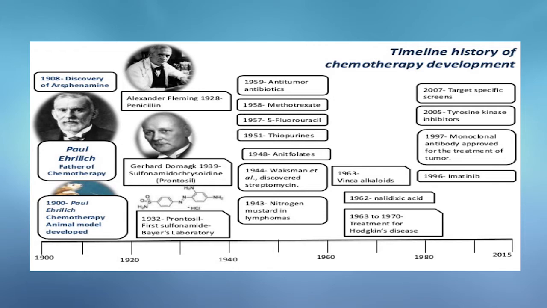And from that time, each decade, there was a new discovery of a chemotherapeutic agent, used to treat different diseases. After World War II, chemotherapy started to be used to treat cancer. The first chemotherapy was produced in the 1950s, when it was noticed that some of the chemical weapons caused leukopenia in soldiers.